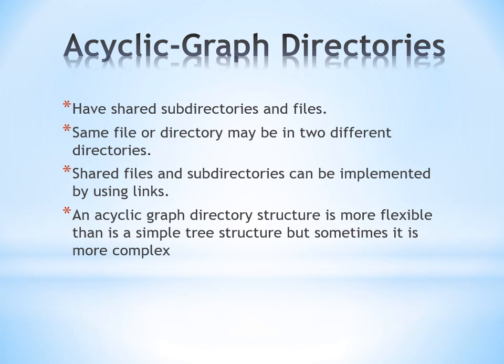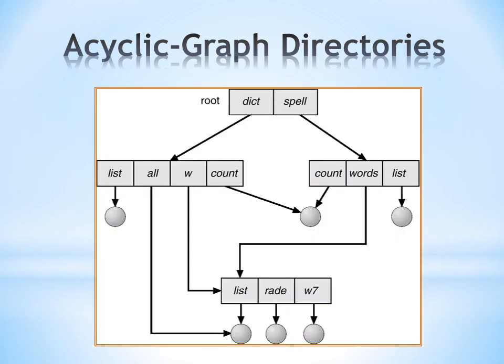So an acyclic-graph directory structure is more flexible than a simple tree structure, but sometimes it can be more complex. The main difference is that they're still the same as tree structure directories, however they're able to share subdirectories or files.